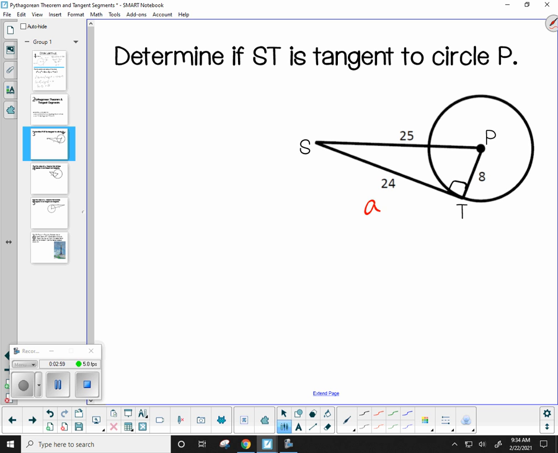Keep in mind, A and B are just going to be the legs. C has to be my hypotenuse, right? So I need to check, is 8 squared plus 24 squared equal to 25 squared?